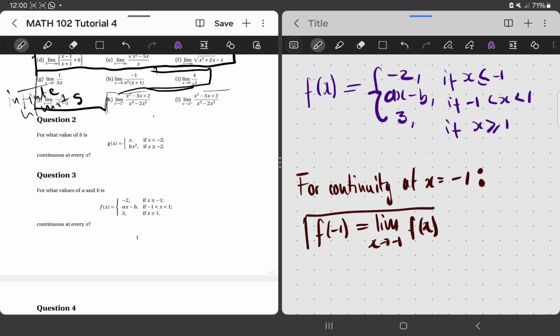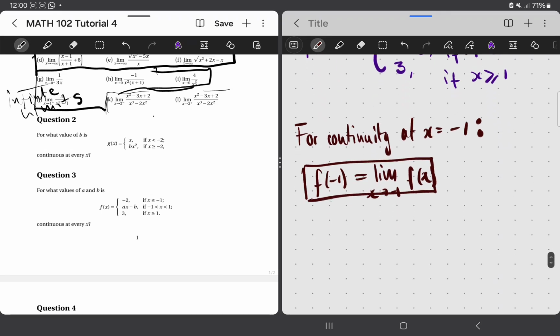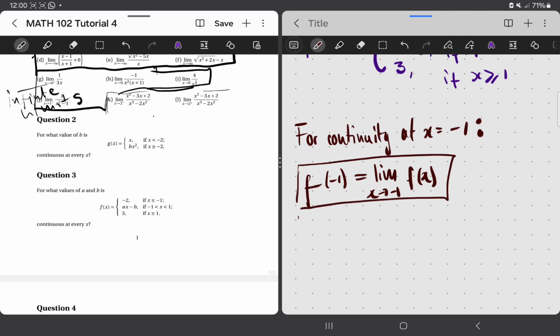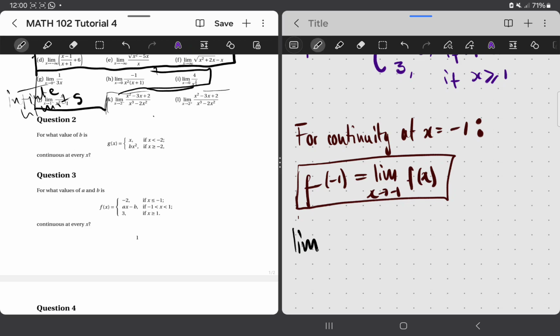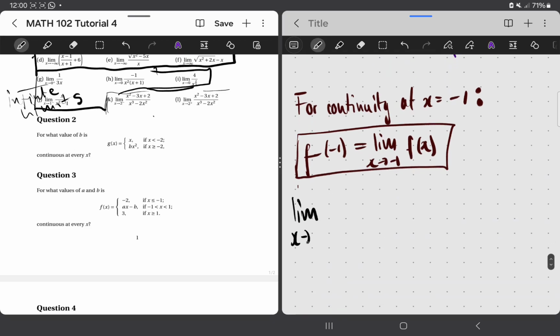So here, let's find the limit. We're actually not going to use this equation, but what we are going to use is this one, to say the limit as x approaches negative 1 from the left of f of x. Let's find that limit.